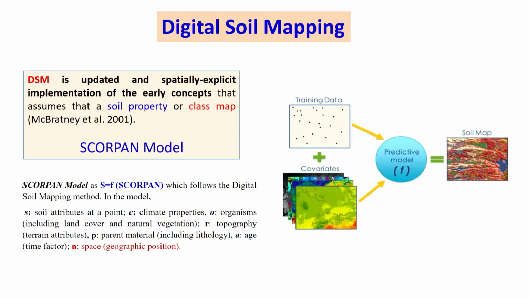I have discussed the conventional method of soil mapping, or standard soil mapping procedure, but today we are more in the digital age, and we are working more on digital soil mapping.